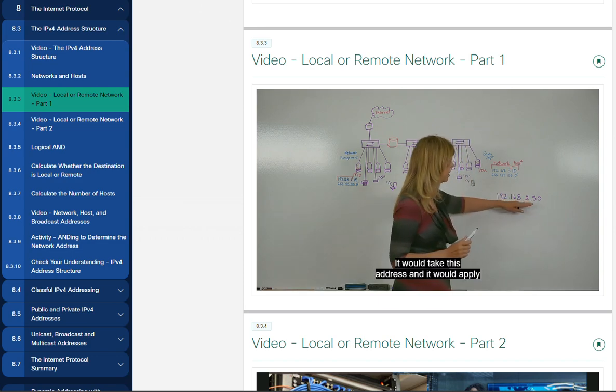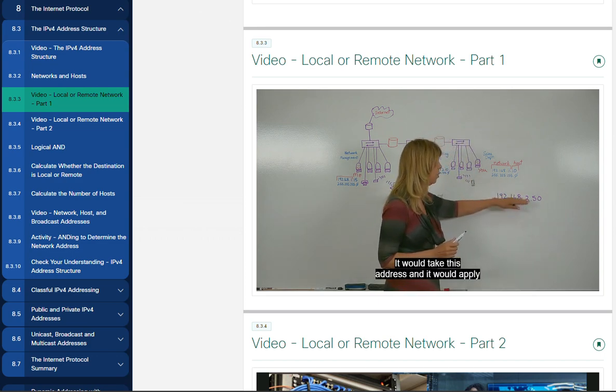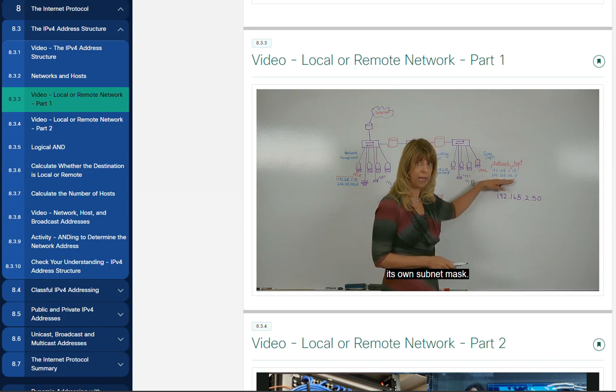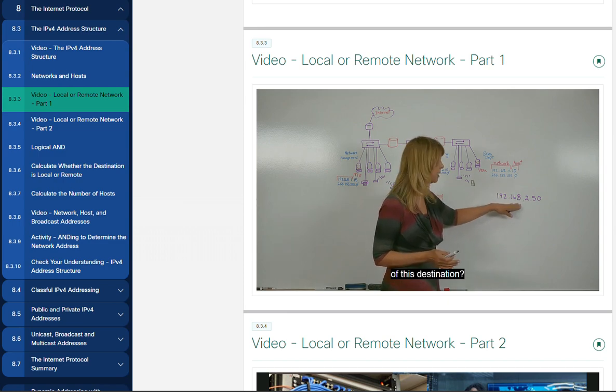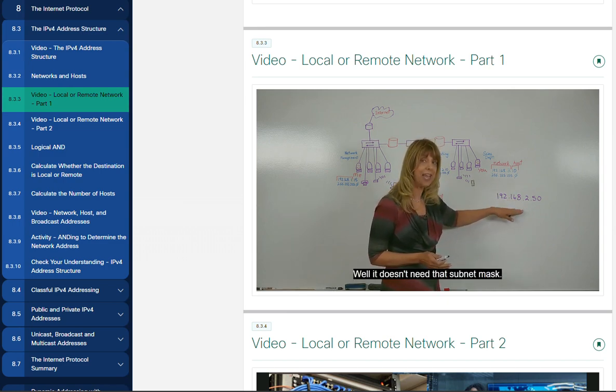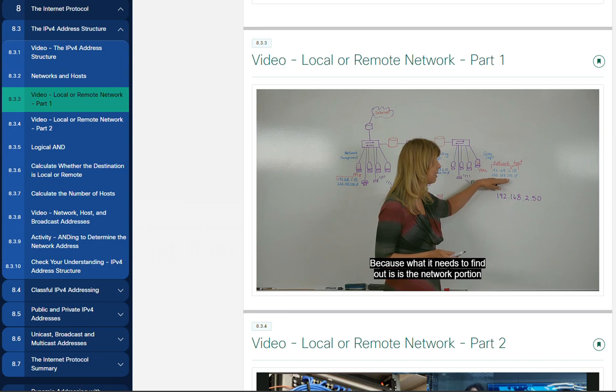It would take this address and apply its own subnet mask. And I know that seems a little odd. Why wouldn't it try to find out the subnet mask of this destination? Well, it doesn't need that subnet mask because what it needs to find out is whether the network portion of this address is exactly the same as the one that was assigned to the particular host.